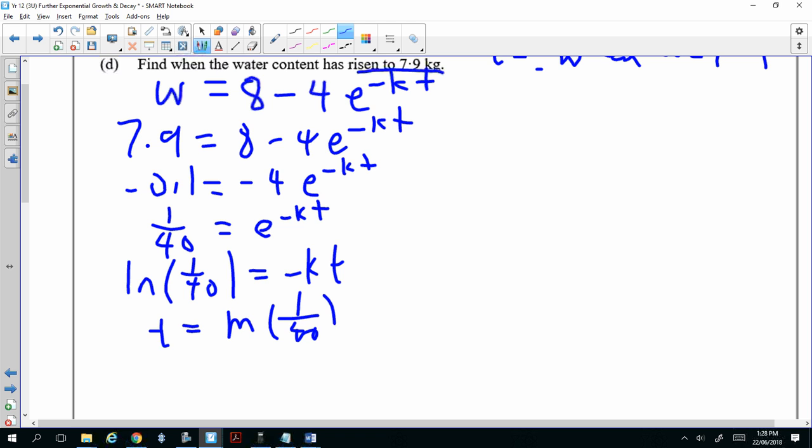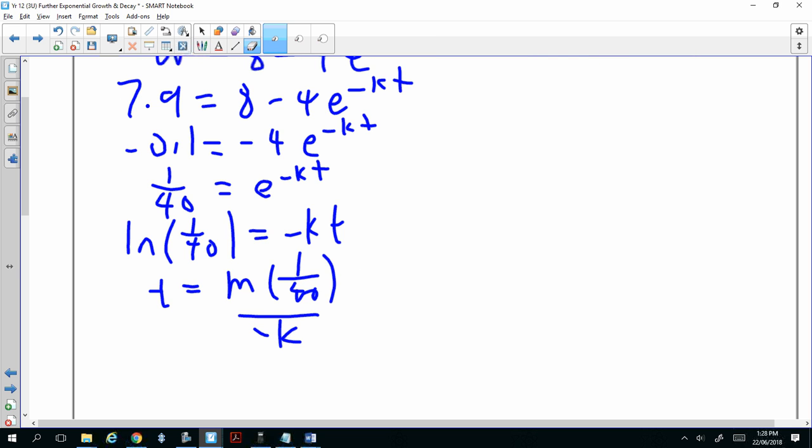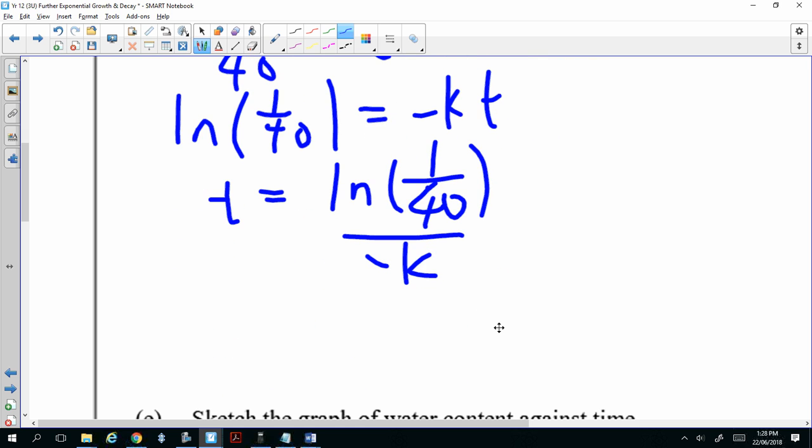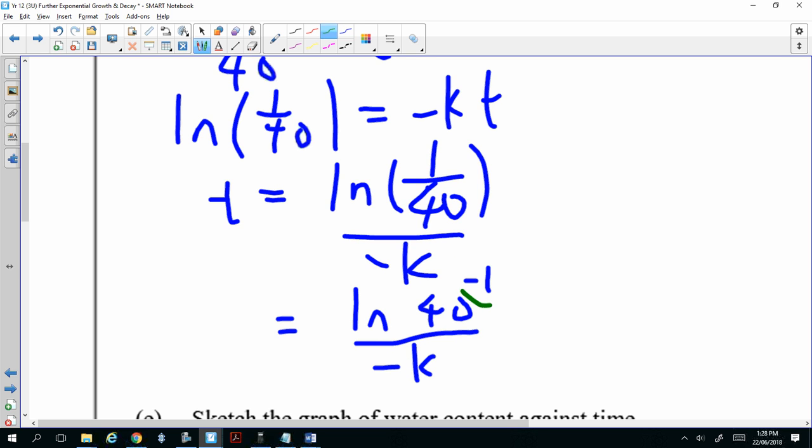Now sometimes the textbook may have a different answer in exact form, so they may write ln (1 over 40) as negative ln 40, and the advantage of that is the negative will cancel the negative k at the bottom. So the answer, they could write that as ln 40 over k, okay?